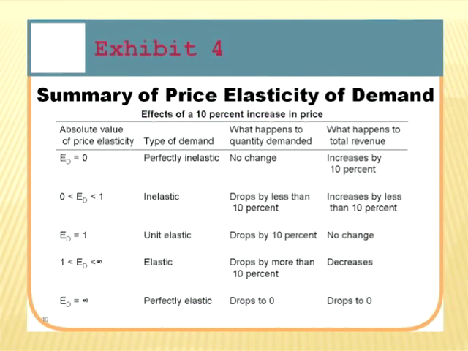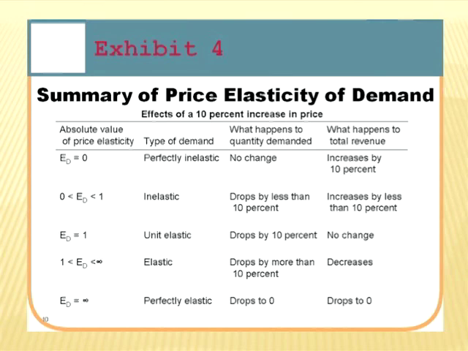So, summary here of price elasticity of demand. We are talking about demand. What would happen if we had a 10% increase in price? If it's perfectly inelastic, there would be no change in quantity demanded. The total revenue for the supplier would go up by 10%, because essentially they get all of the change because the quantity doesn't change.